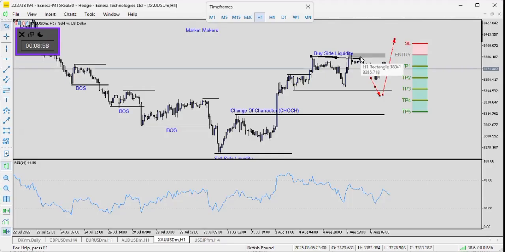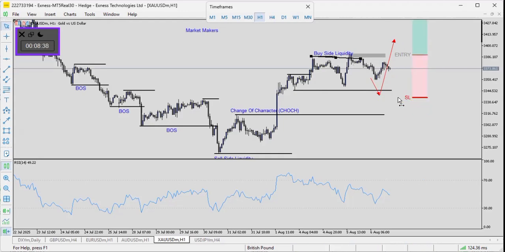So at which point should I enter buy? I'm waiting for when a liquidity side is taken. These points are liquidity points. This side is a liquidity point. But I will not enter buy at this point. At this point now, this is how you should be entering the market.